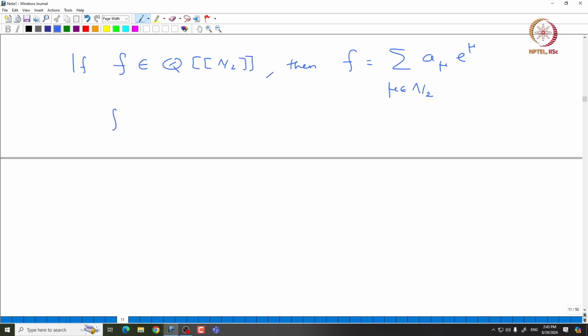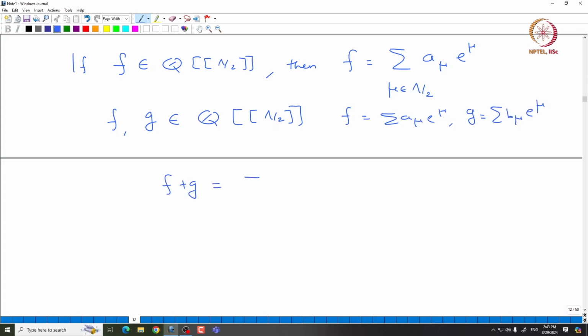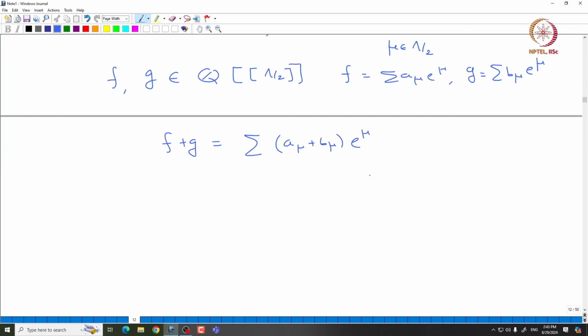Let's actually define what is the addition and multiplication here. If you take these two elements f and g, you write f equal to summation a_mu e power mu and g to be summation b_mu e power mu, then f plus g is defined to be summation of (a_mu plus b_mu) times e power mu. And what is the product?